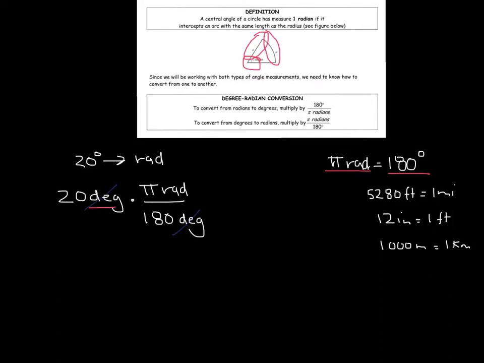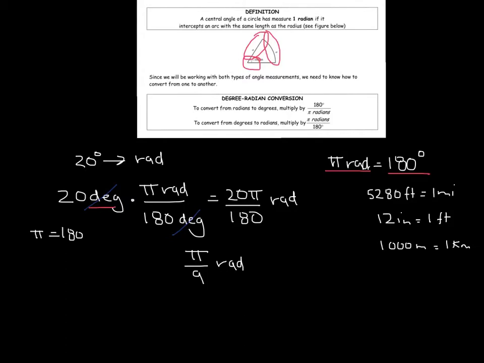and what you're left with is 20 pi over 180. And what are the units that are left? Radians. And certainly you want to reduce that, and your final answer after you reduce it is going to be pi over 9 radians. Now, that makes sense because, once again, when you're dealing with an angle, I want you to think of pi, once again, as 180 degrees.